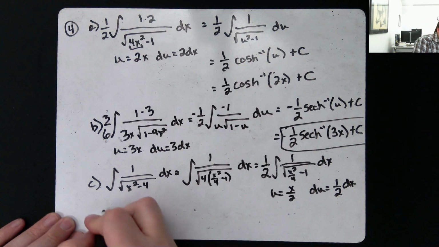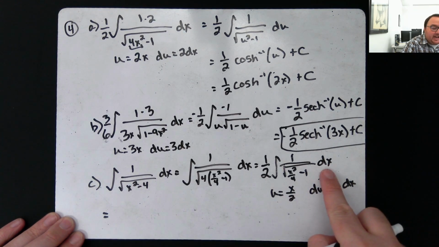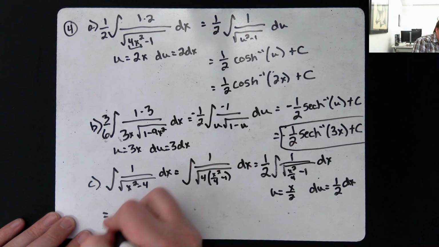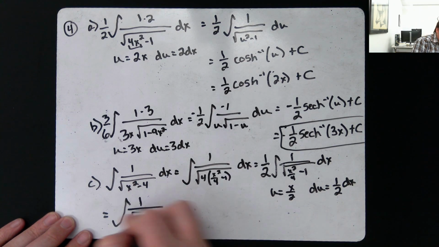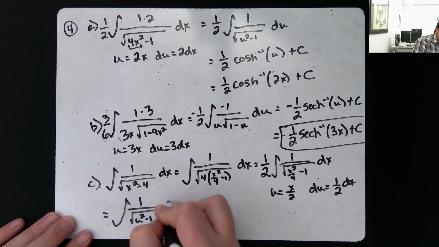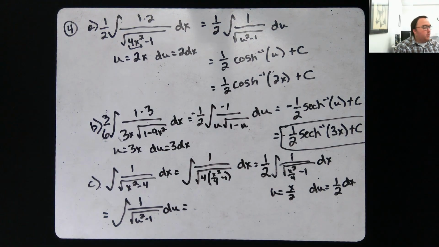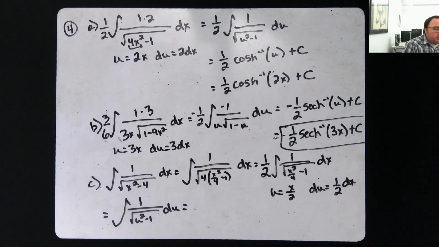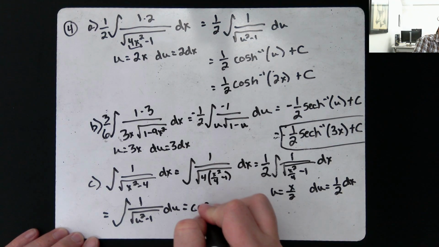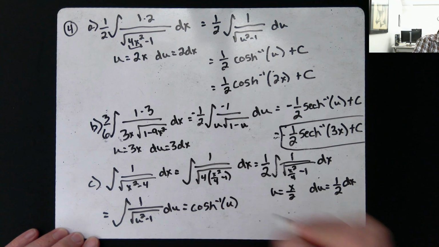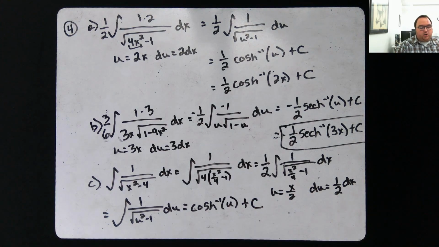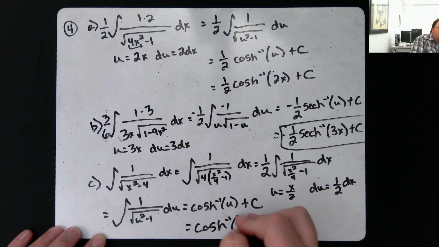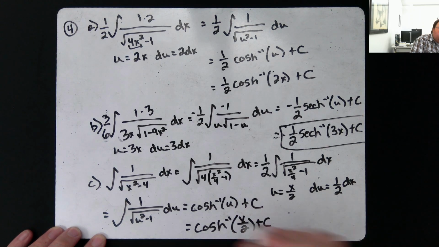I'm good. 1/2 dx becomes the du, so all I'm left with is integral 1 over the square root of u squared minus 1 du. Integral of 1 over the square root of u squared minus 1 is inverse hyperbolic cosine of u plus c, and our u was x over 2. So inverse hyperbolic cosine of x over 2 plus c.